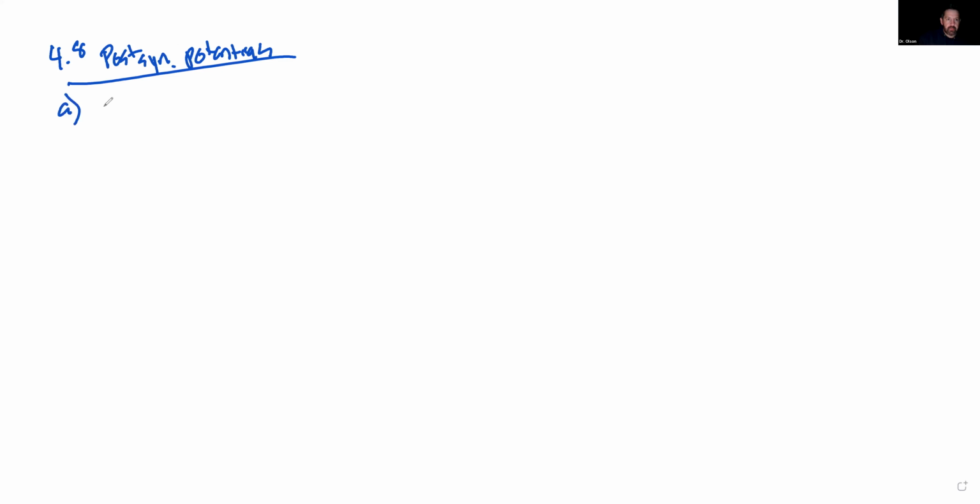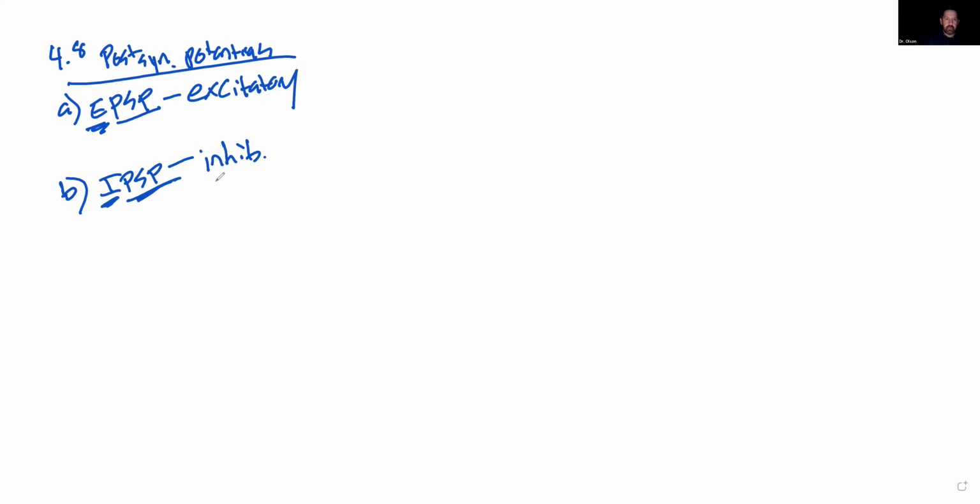Here we're going to talk about something that we call an EPSP, or an excitatory postsynaptic potential, excitatory postsynaptic potential, EPSP. And we're going to talk about an IPSP, which is an inhibitory postsynaptic potential. And this is just really an easy concept.